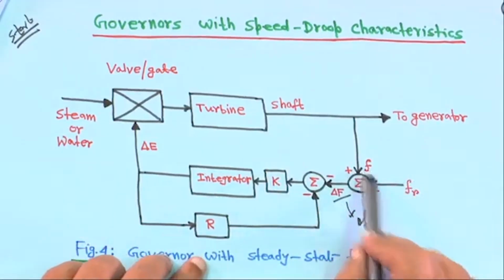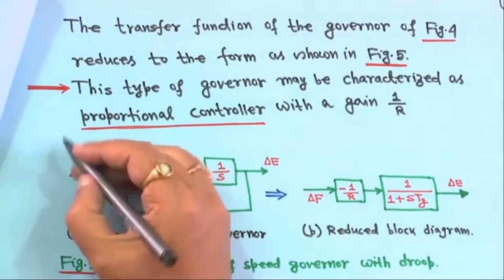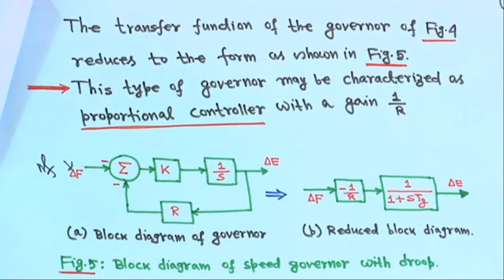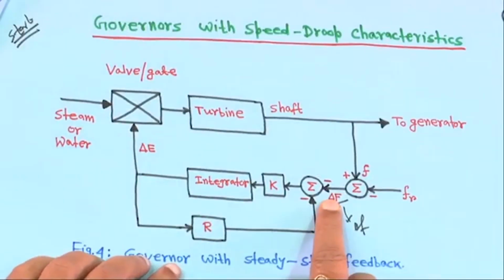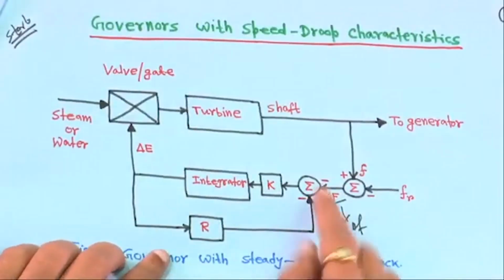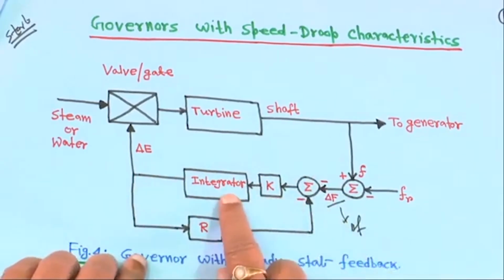This is delta f, this is f minus f r, and the output is delta f, the same as the small delta f. This right hand portion we are making from the left side, that is all. And then this is the gain and this is the integrator.